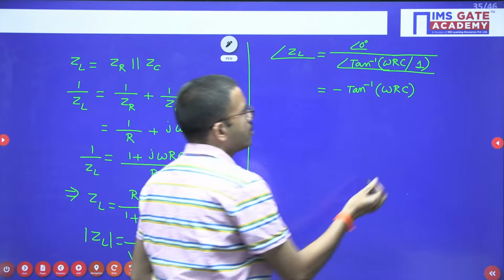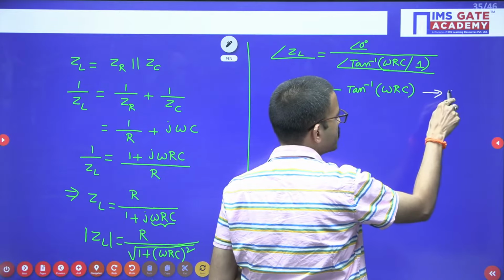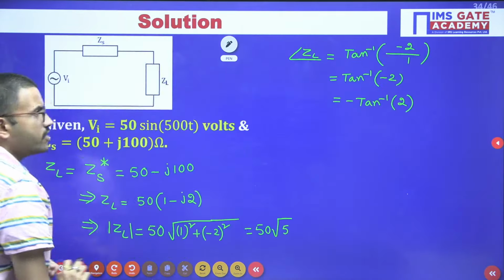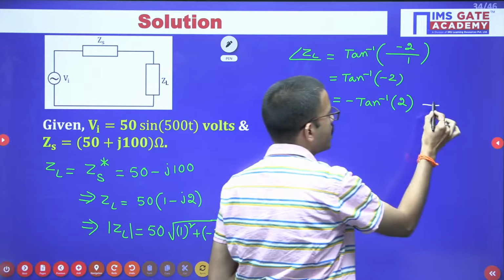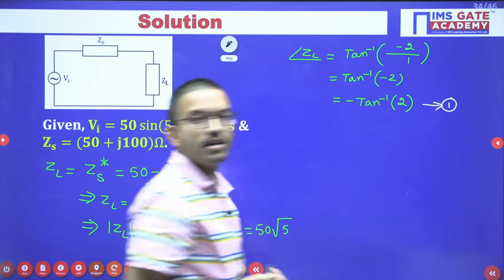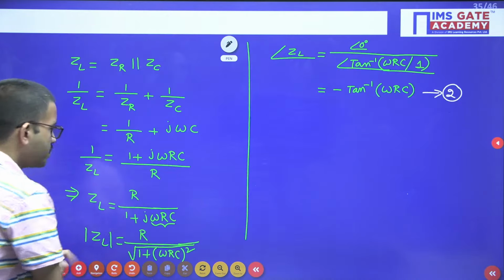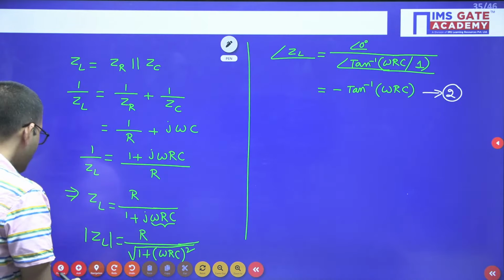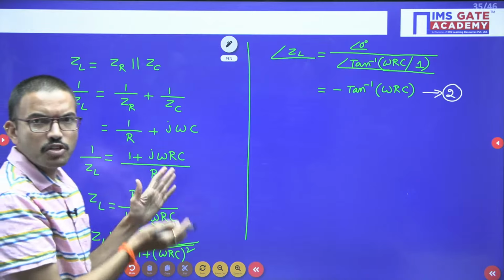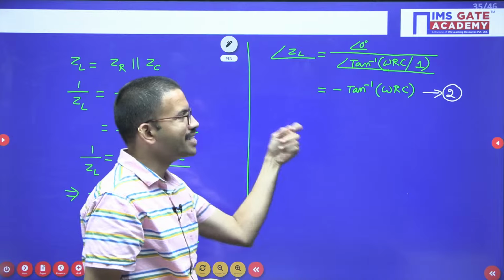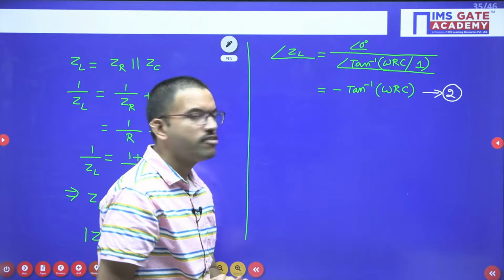Now just observe, the equation we got here regarding the phase angle, I am labeling as 2. The equation we got earlier for the phase angle, I am labeling as 1. Similarly, magnitude-wise, here you got 50 root 5, and here you got this expression. If you want, you can equate the respective magnitudes or the respective phase angles. But for this question, you can easily get the answer by comparing the phase angles.